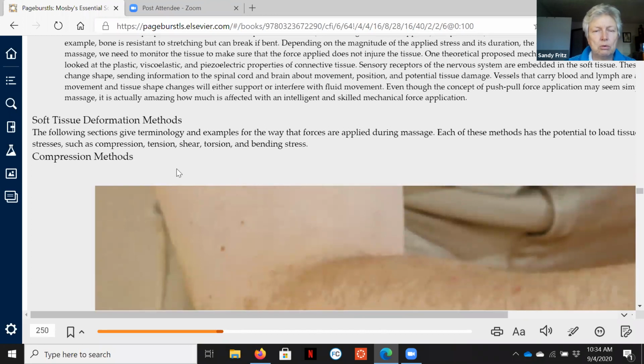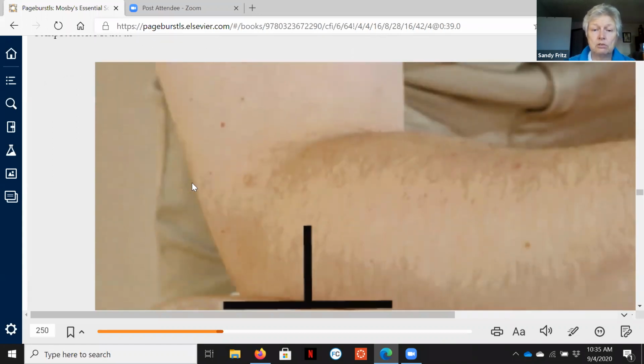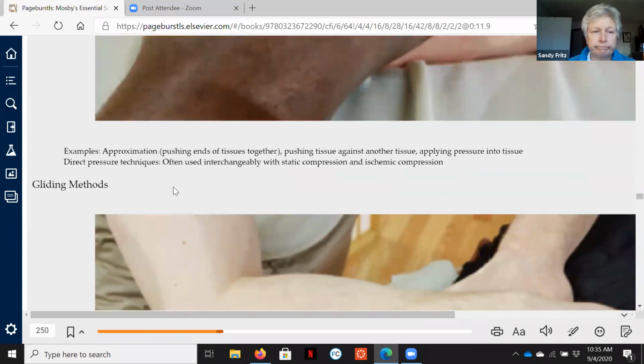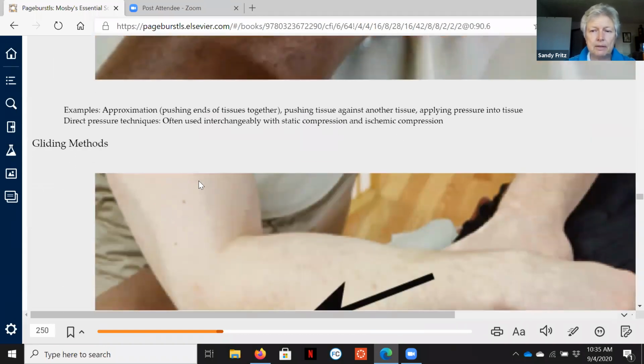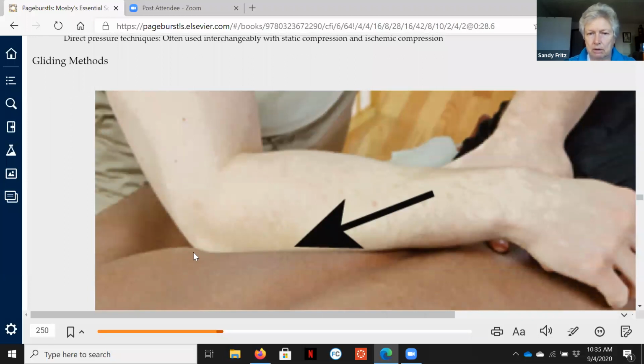So what we do with mechanical force is we can either cause something to move, or we can change the shape of it. And most of what we do with massage is change the shape. But the movement part of it is intricately involved with joint function. So we need to stop and think about how the methods we are using are going to affect what's under our hands or our forearm.